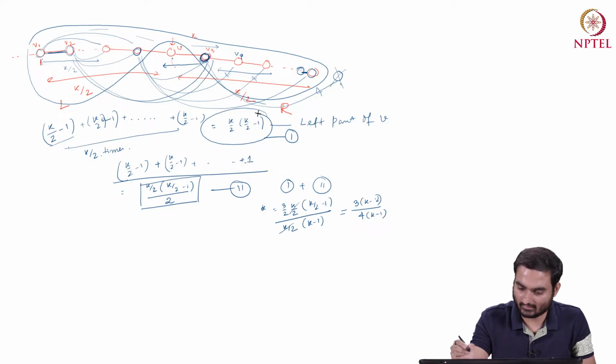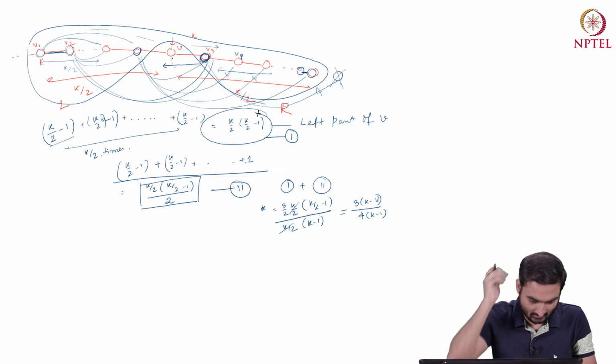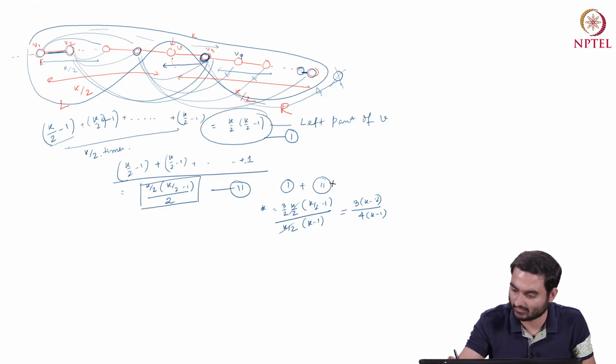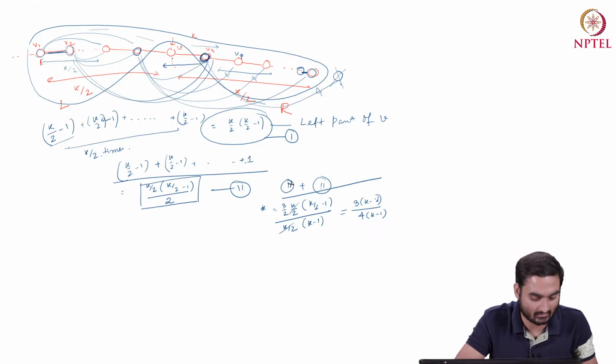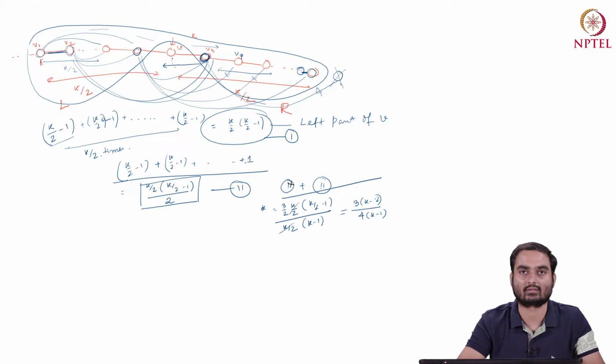So if you take the sum of 1 plus 2, sorry, I just forgot to mention, you also need to divide it by the total number of possible edges among the k neighbors, right?